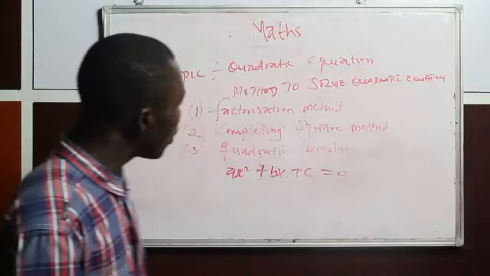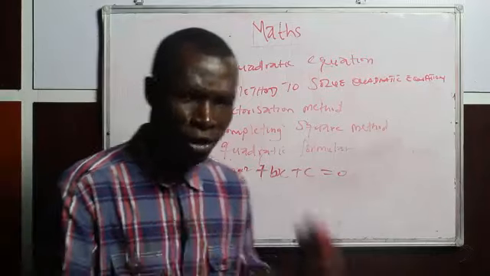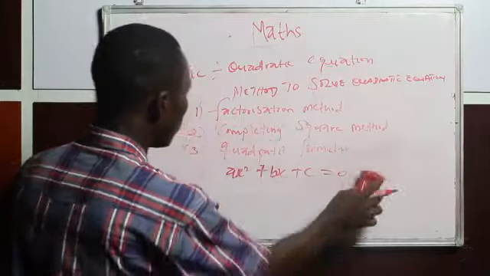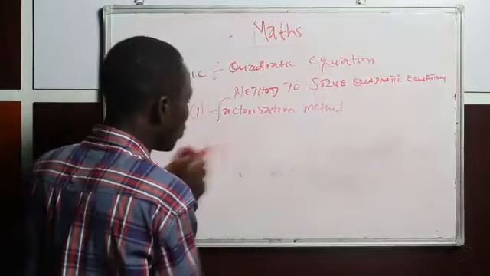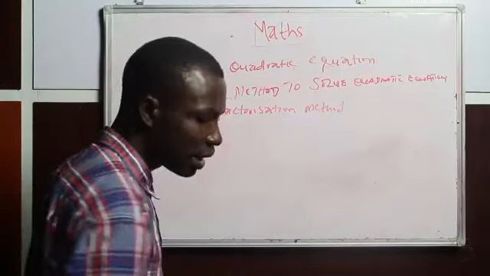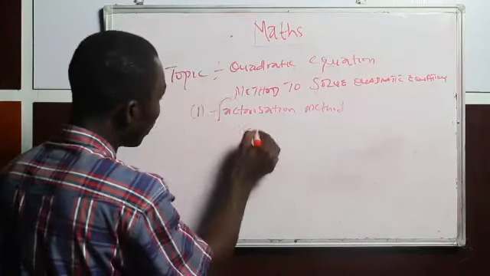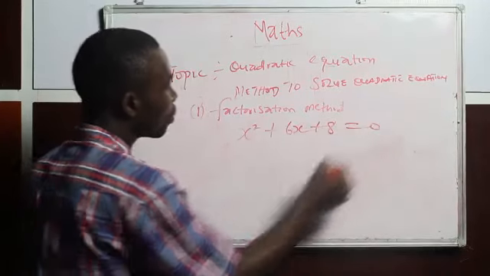Now, let me give you an example that involves the factorization method. Consider this example: x squared plus 6x plus 8 equal to 0.